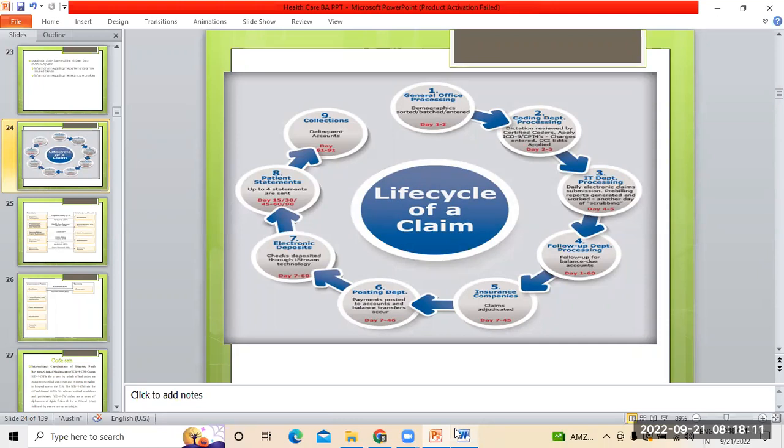Again, there is variation, because the process of claims remains the same and constant, but the type of insurance plans which people have is different. If you remember, when we talked about Medicare, I gave you 4 different parts: A, B, C, D. Whatever services fall under A won't appear under B. Whatever appears under B won't be there in C, followed by D. So there are changes which normally take place.